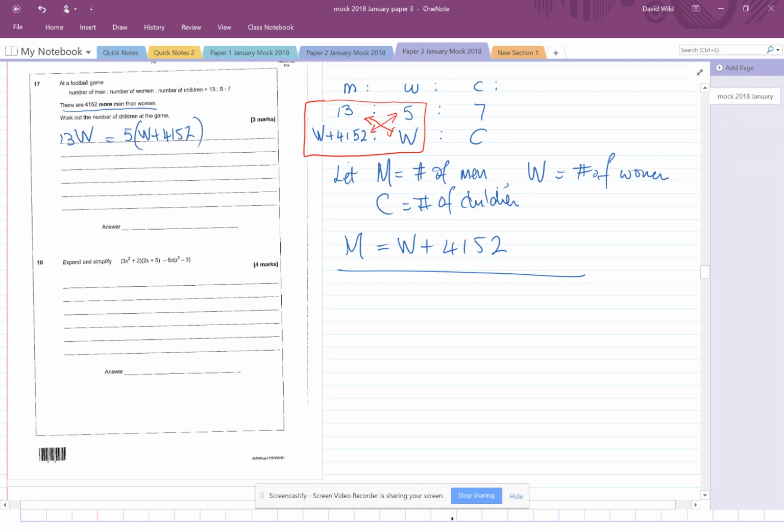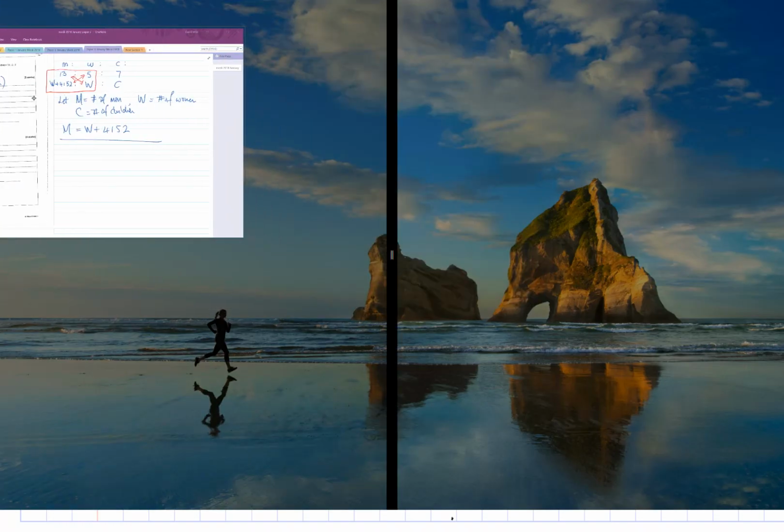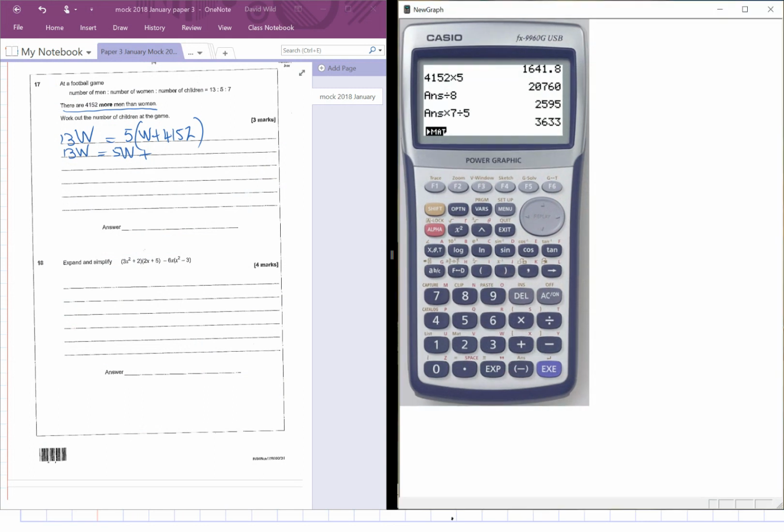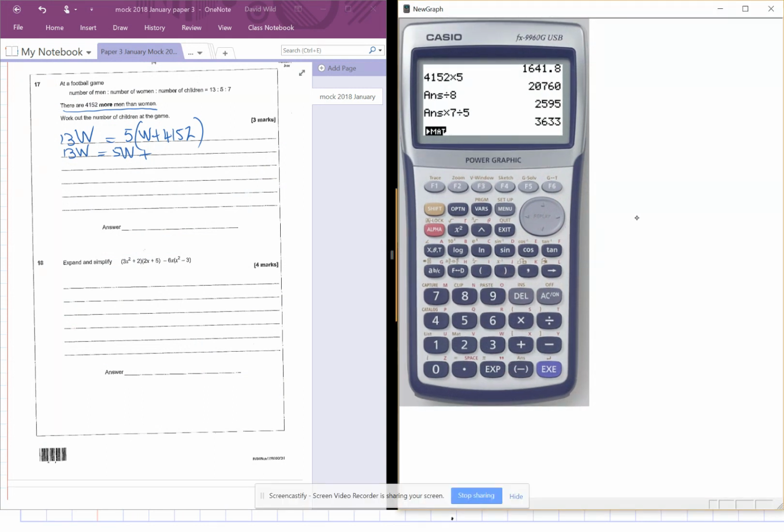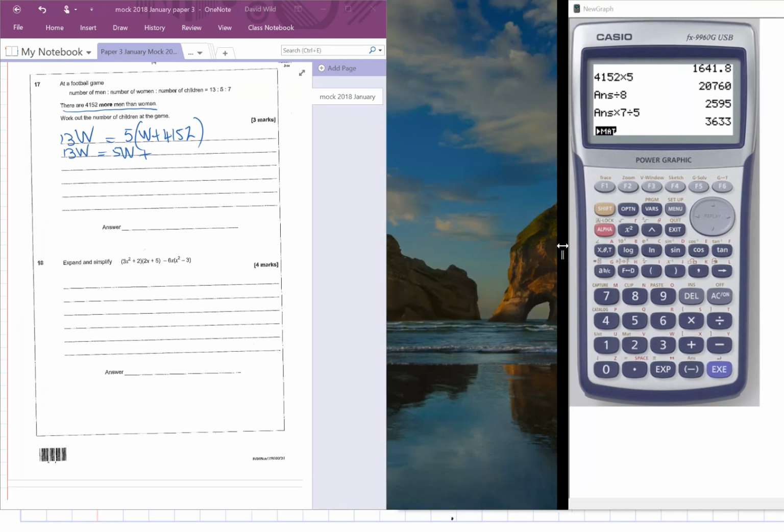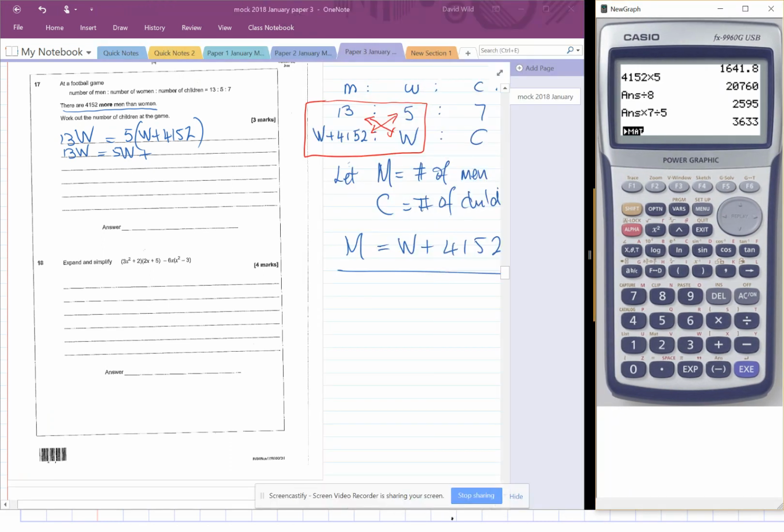So let's multiply out the brackets. What's 5 times 4152? Let's get a calculator. So we've got 5 times 4152, 20,755.